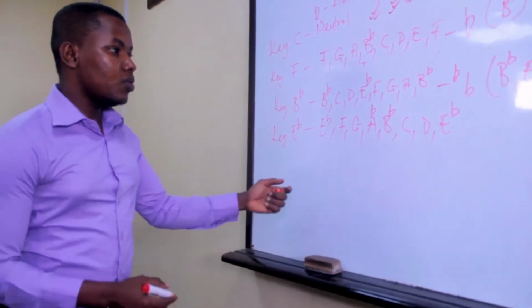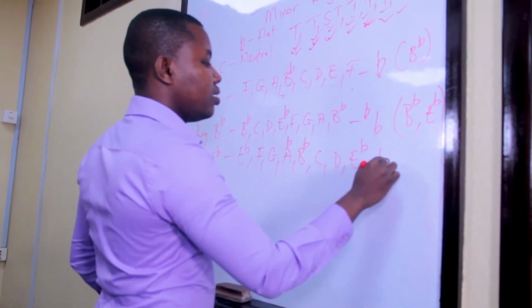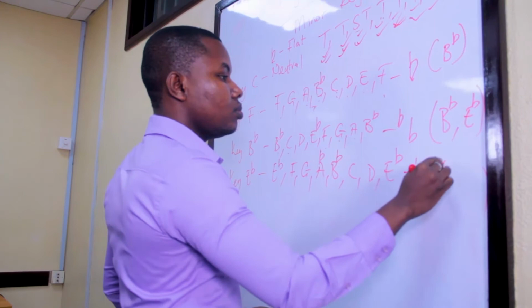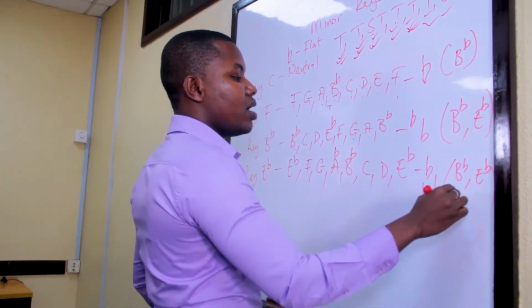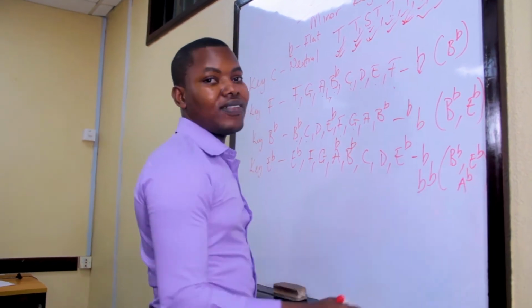Yes. So running the scale of E flat, we realize that we had 3 flats, which is B flat, E flat, and the new guy is A flat.